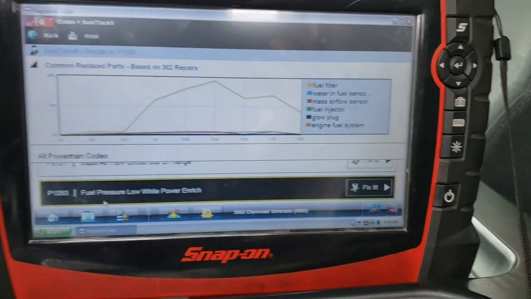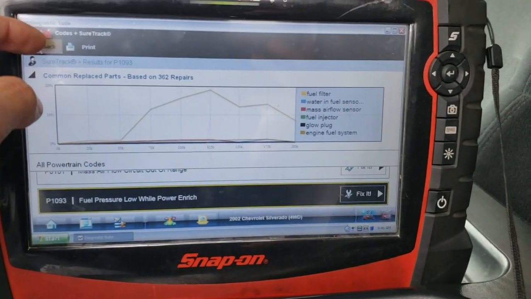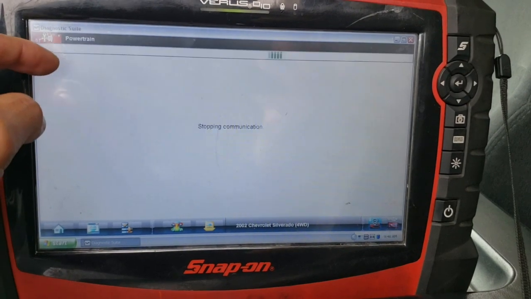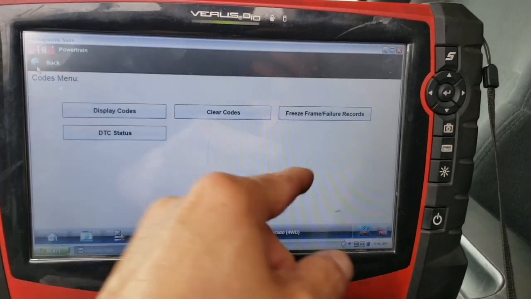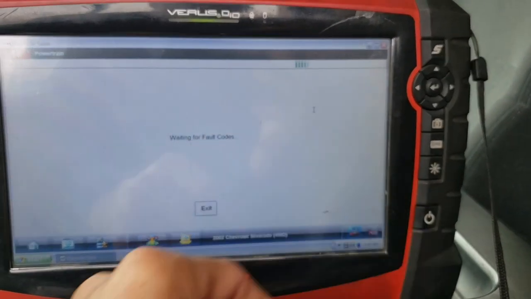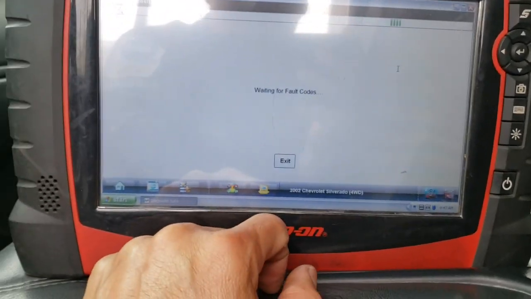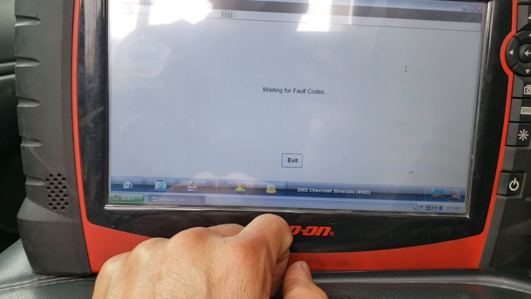So we're going to proceed with the testing on this one. Let me go here to freeze frame data. Let me see what happened when some of those codes appear in freeze frame data. I hope we have something here that will help us.